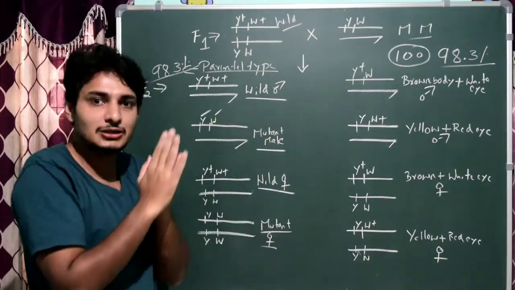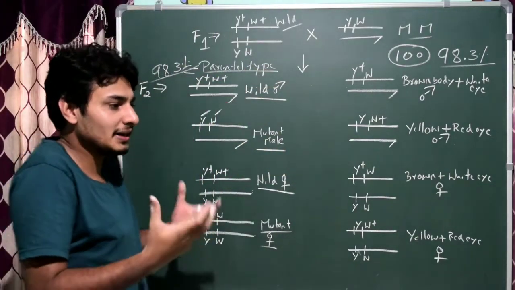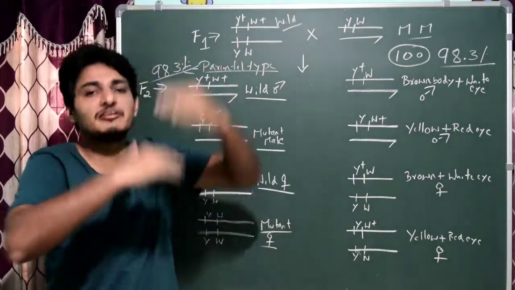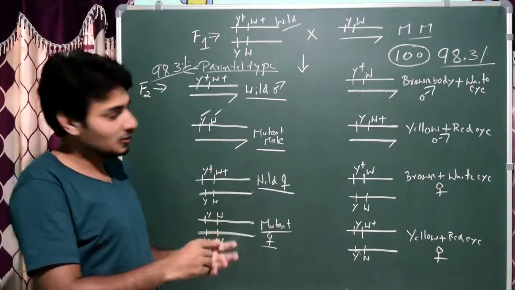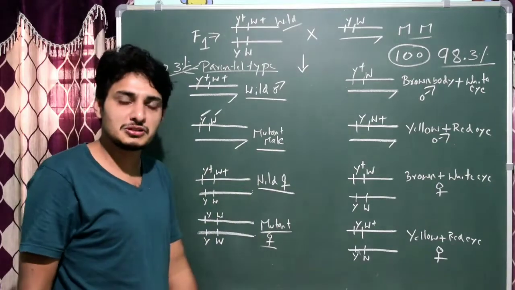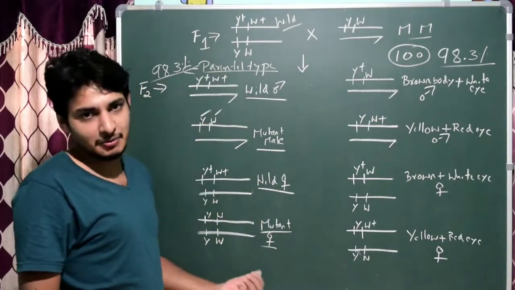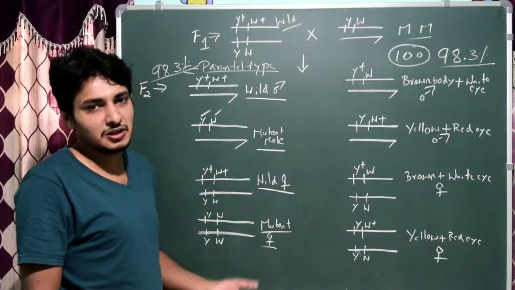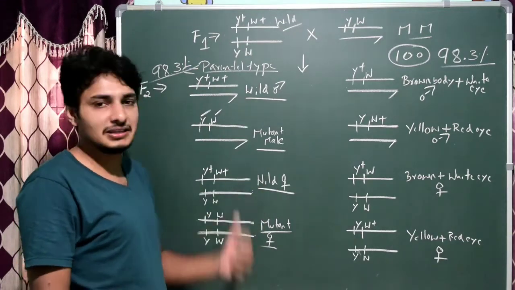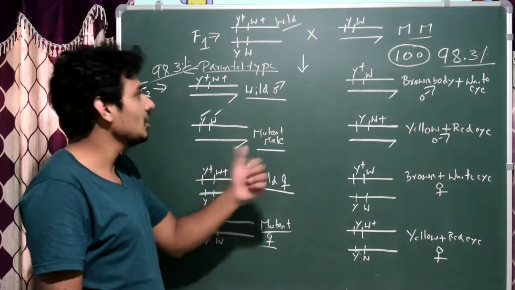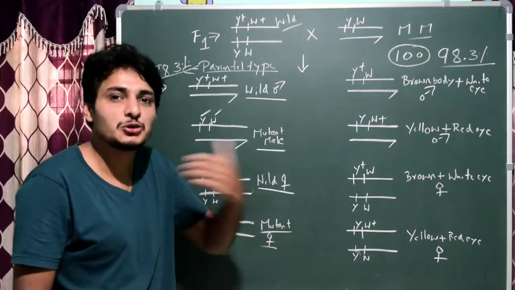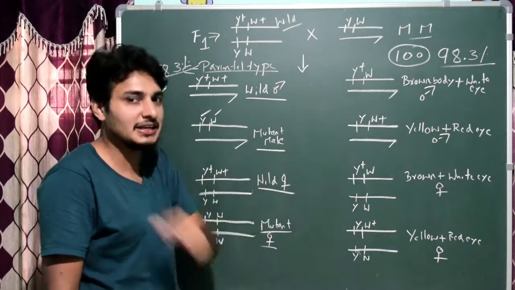So they did not show that tendency to separate from each other. As a result, we got the maximum number of offspring, 98 out of 100, as parental type. Even if the sexes differ, that's fine, but the characters exhibited by the F2 offspring, the majority of them, were parental type. That means they are showing linkage.